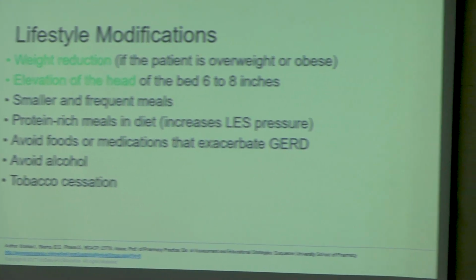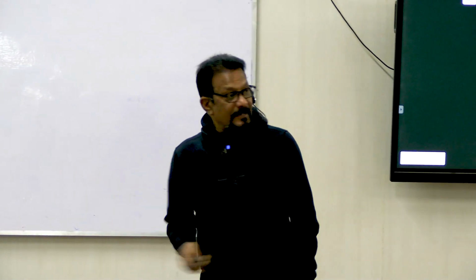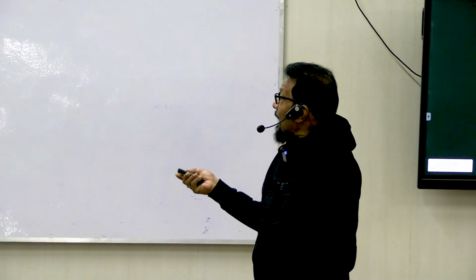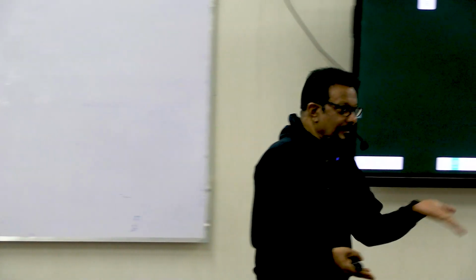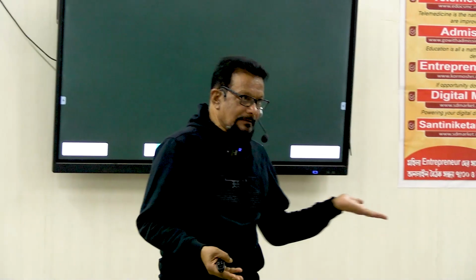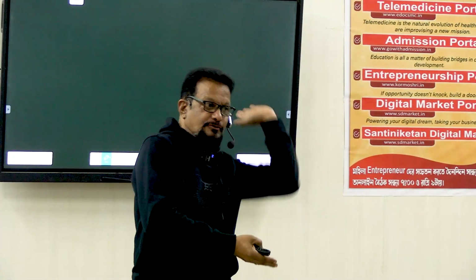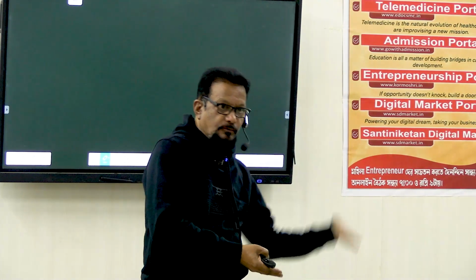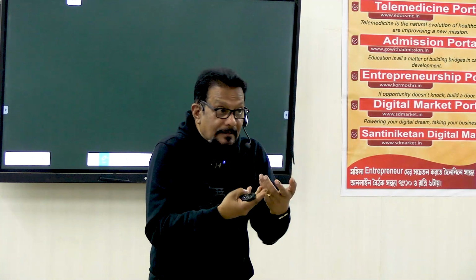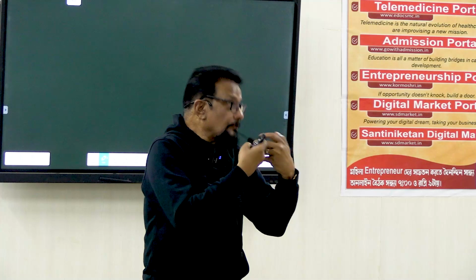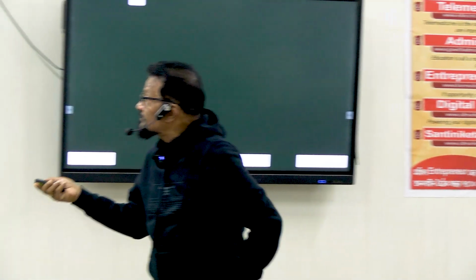So if the patient is obese, we will ask for weight reduction. Okay. When the patient is suffering, while sleeping the head should be raised so that food cannot enter from the stomach into the esophagus. How much? At least 6 to 8 inches.